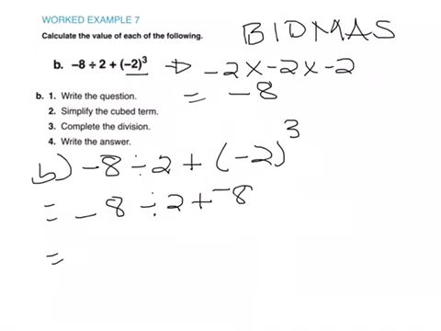Here we can divide the negative 8 by 2, which is negative 4. Here we have a plus and minus, which can be combined to a negative, and then you put the 8. Then negative 4 minus 8 gives us negative 12.